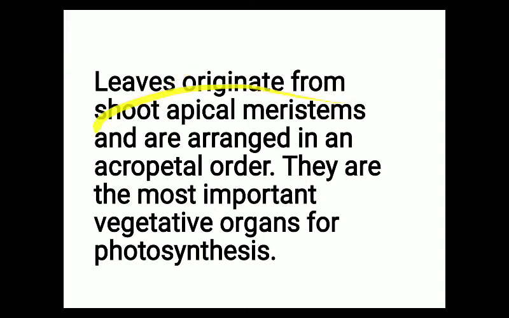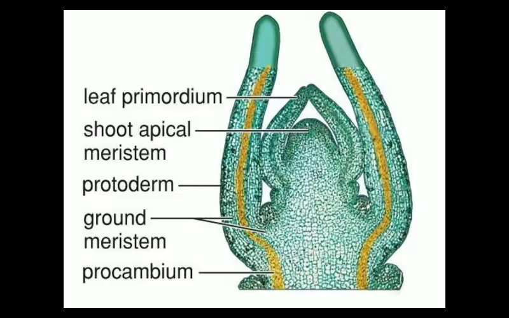The shoot apical meristem. In this diagram it will be clear. This is the apical meristematic tissue or apical meristem of the plant, and from this shoot apical meristem, the primordium or the future leaf will arise.